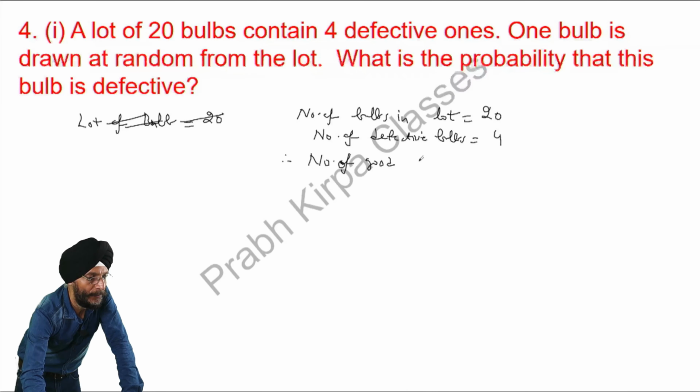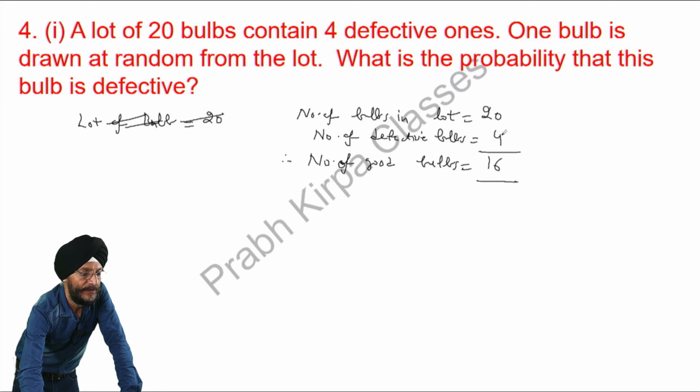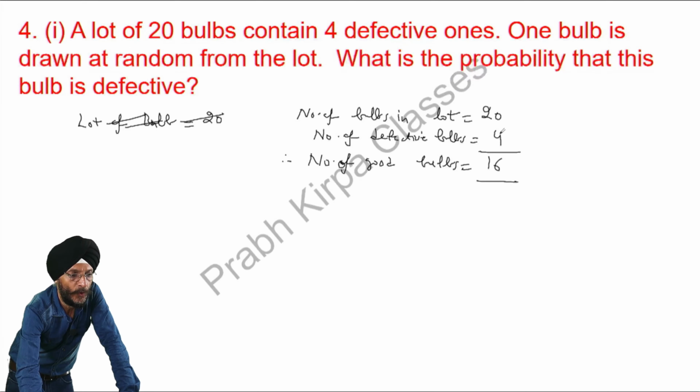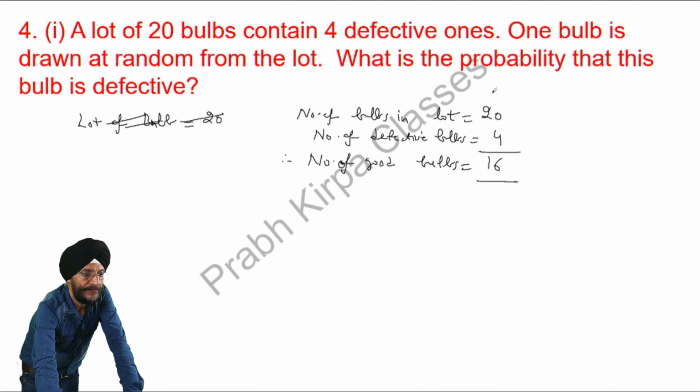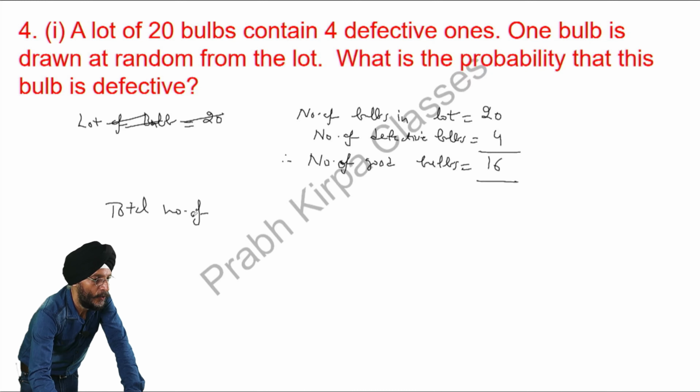So the number of good bulbs, when we subtract 4 from 20, the answer is 16. So now, what is the probability that the bulb is defective? Here, the total number of outcomes, or the total number of bulbs which are in the lot, is 20.